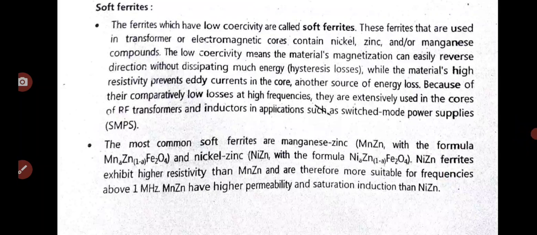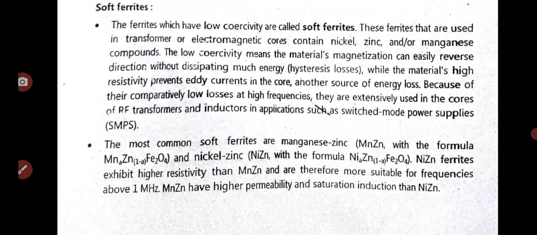We have to see in the hysteresis loop what is meant by coercivity and what is meant by retentivity, which depends upon this coercivity value.